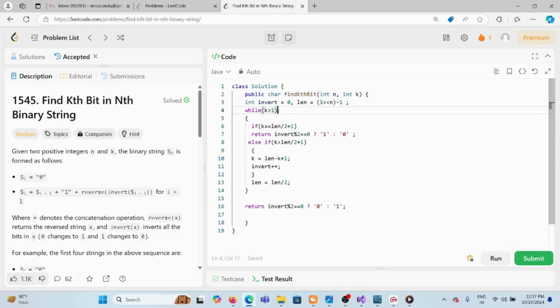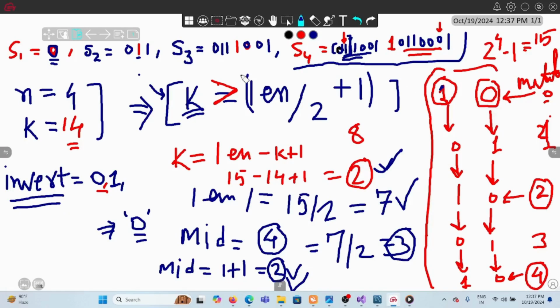So while k is greater than 1. Let me explain a few more things here. Whenever we are looking for the middle pointer, we were looking for the invert, right? So this was happening only for the middle point, correct? As we know, the middle point is anchoring for the 1, which we added manually. See here, when we started, we added this 1 at the middle point, then we added this 1 at the middle point. So here we were checking for the middle point and it was anchoring for the 1.